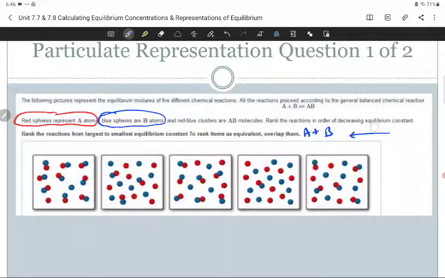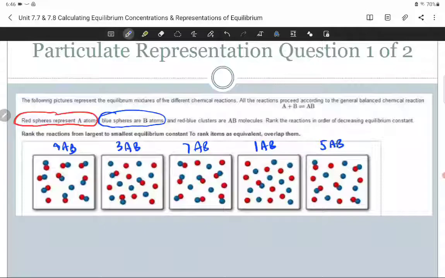So all you got to do with this question is count up. I guess you could count up everything, but to make this go a little bit faster, I counted up the number of ABs. So in this one, I counted 9 ABs, I counted 3 ABs, those are the clusters, 7 ABs, 1 AB, and 5 ABs. And I probably wouldn't, if I was taking a test right now, have written those out.